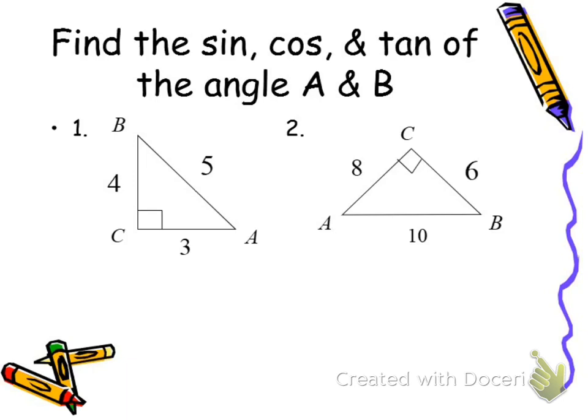All right, these first couple examples, all we have to do is find sine, cosine, and tangent of both angles A and B. If we're finding 3 trig functions for 2 different angles, that means we should have a total of 6 statements as part of our answer.